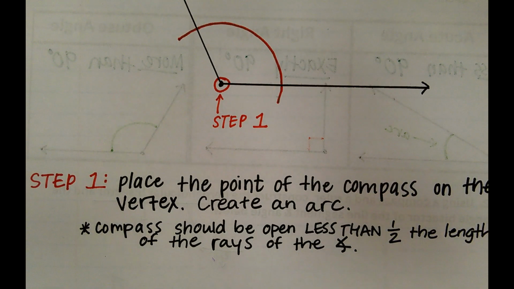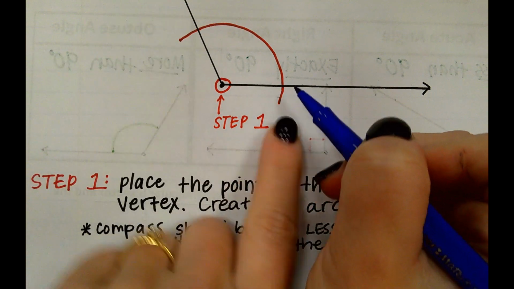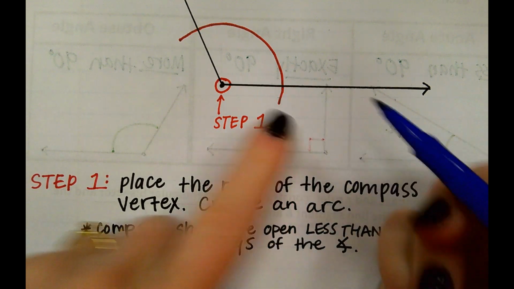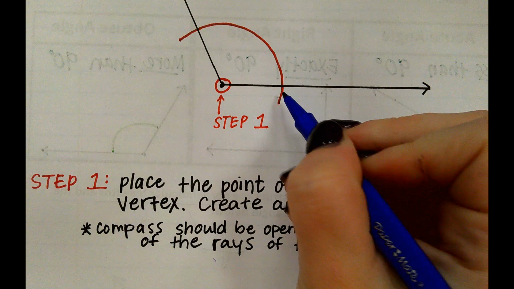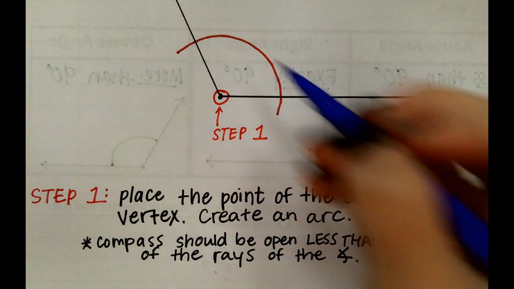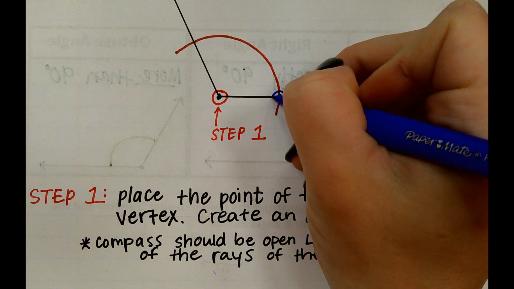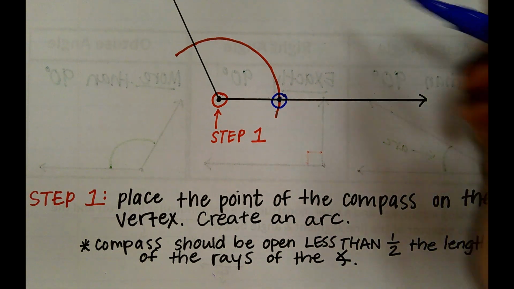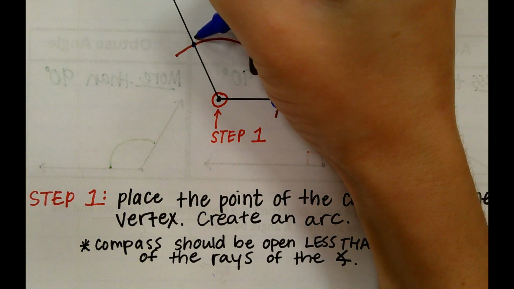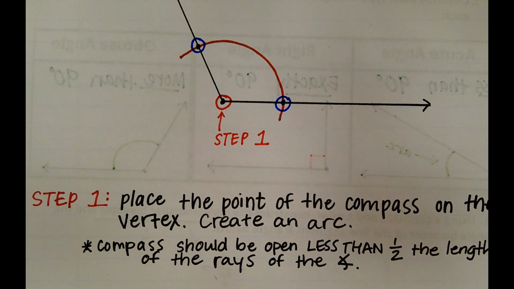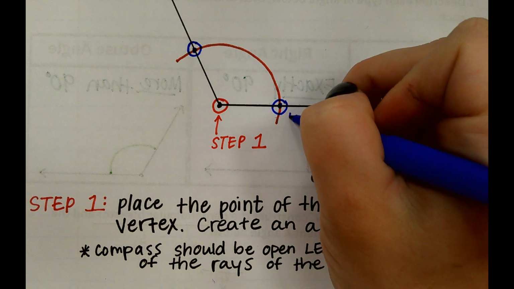And what we're going to do in step 2 is now we're going to circle the new points, the new intersections. So we've created 2 intersections in step 1. There's one here, and there's one here. And I'm going to point to these.